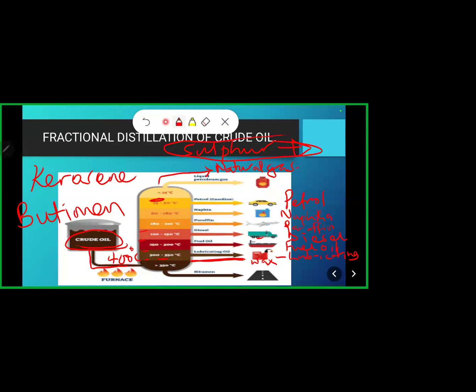It can be used in varnish, it can be used as a solvent in chemical industries. Okay, so we move on to paraffin or kerosene.